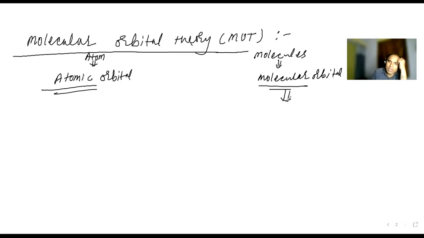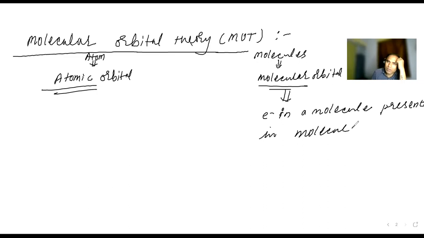So in the molecular orbital theory, according to this theory, electrons in a molecule are present in molecular orbitals. That is the point: an electron in a molecule is present in a molecular orbital.